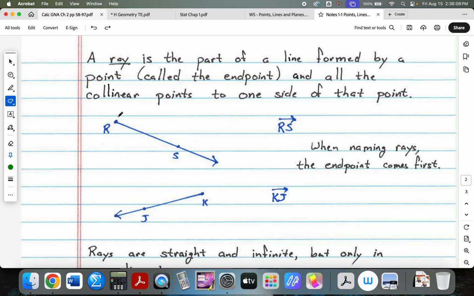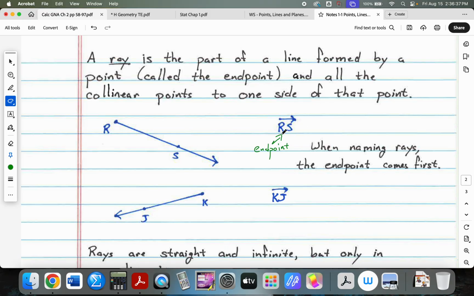So this ray, we would name it ray RS. You cannot name this ray SR. The first letter has to be the endpoint. And then the second letter has to be a point that tells you where to go.